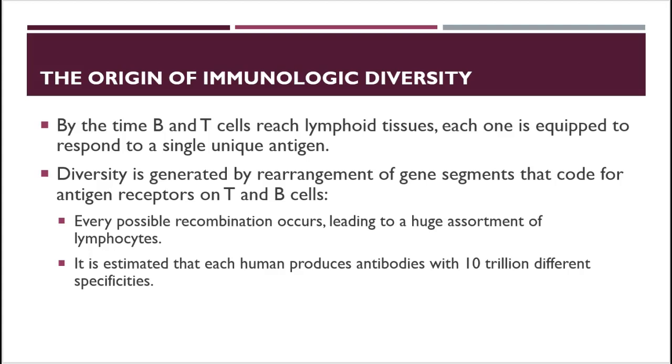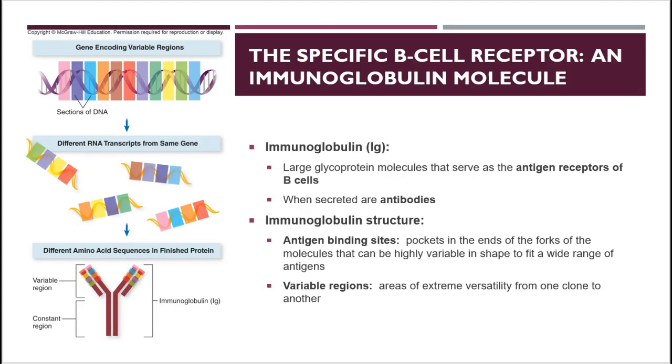So although these cells have not seen antigen yet, the variability in the segments that code for the antigen receptor is going to allow for these cells to recognize an innumerable number of antigens that can possibly invade our tissues. So this is the B cell receptor. This is the immunoglobulin, or Ig.